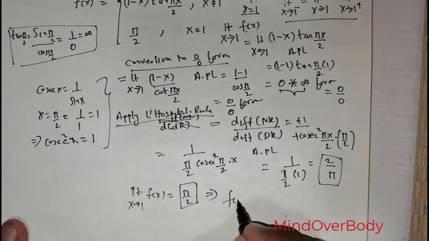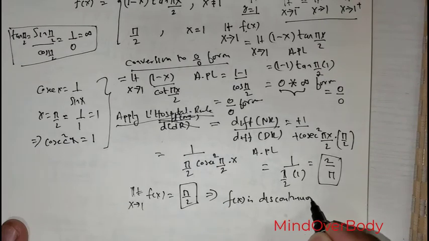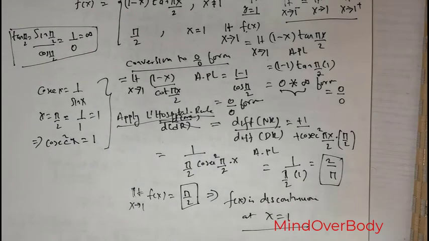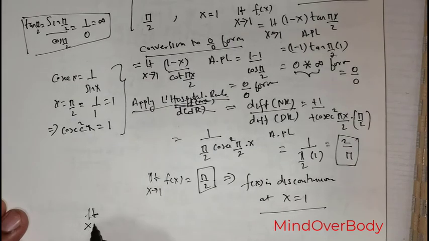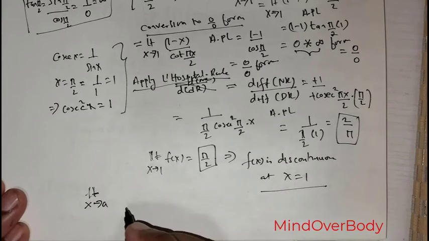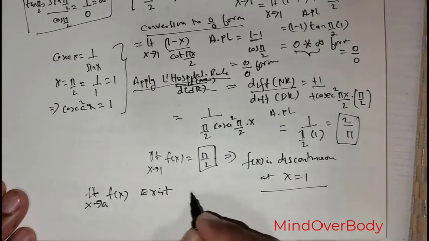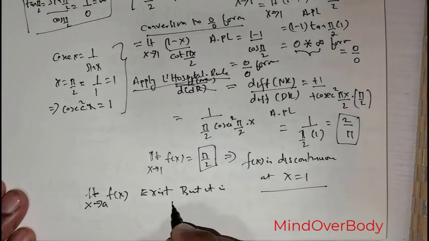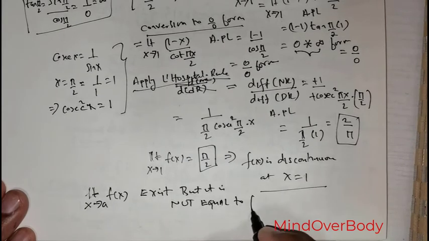So this means f(x) is discontinuous at x equal to 1. So that's the conclusion. Ultimately I can just say the limit as x tends to a of f(x) exists, but it is not equal to f(a).